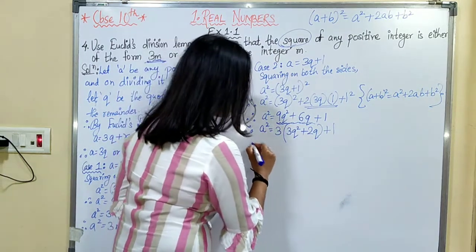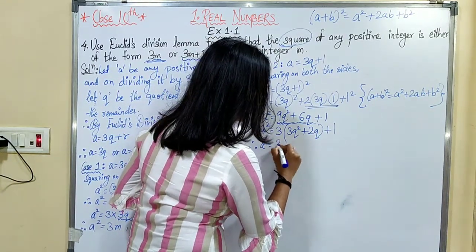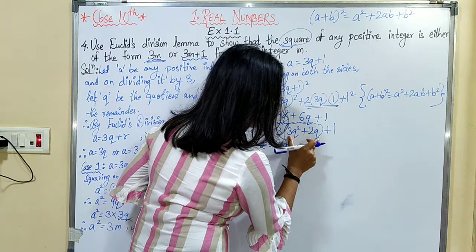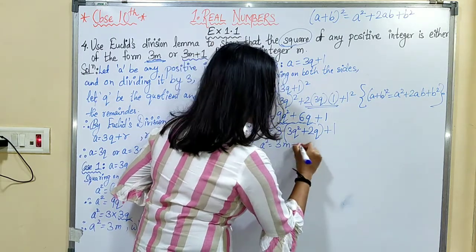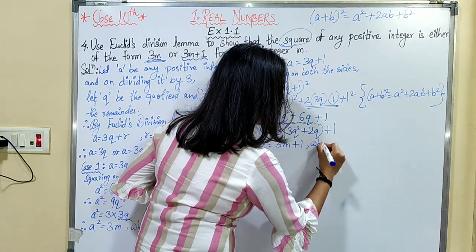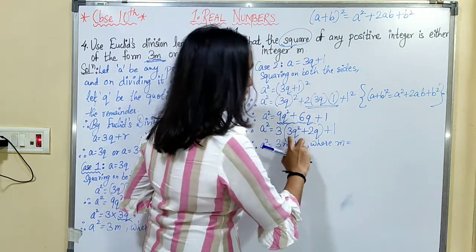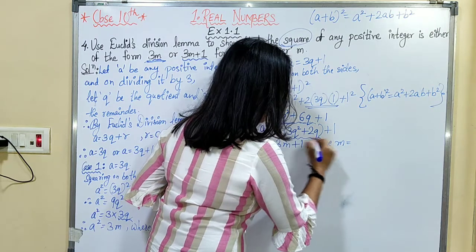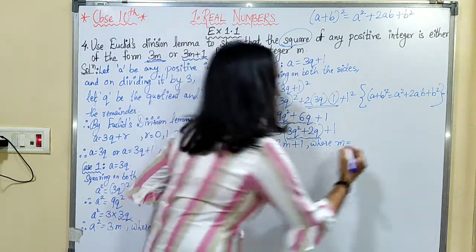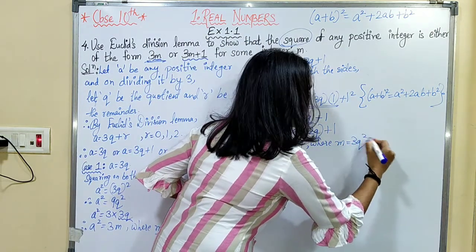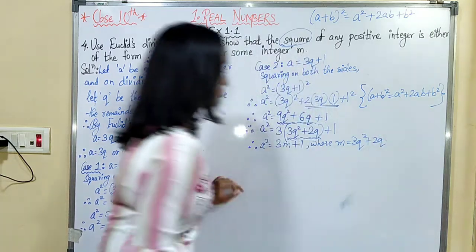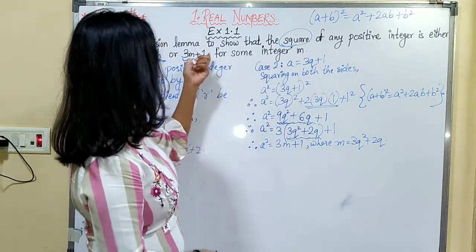So therefore a square equals 3m plus 1, where we have put all this bracket as m, that is 3q square plus 2q. Again you got this answer.